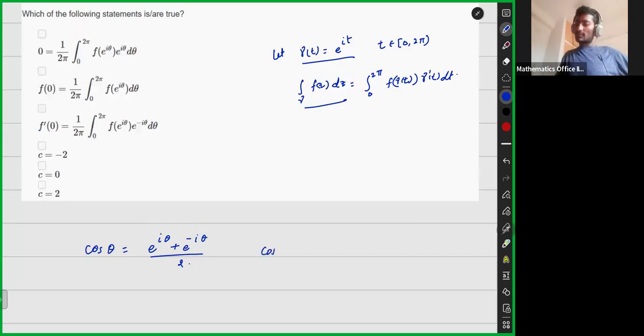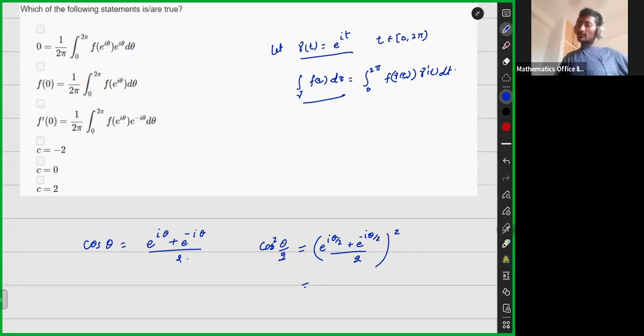So cos square theta by 2 is equal to (e power i theta by 2 plus e power minus i theta by 2) divided by 2, whole square.